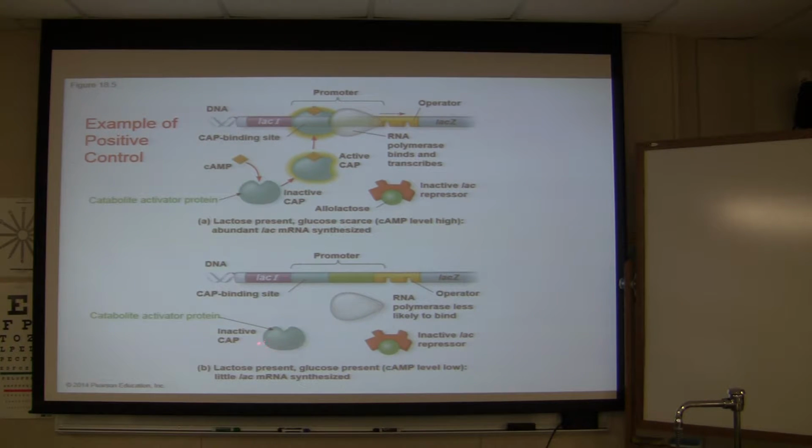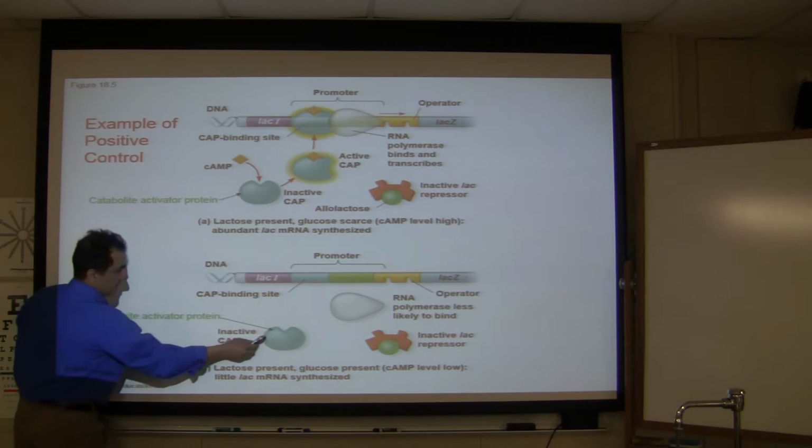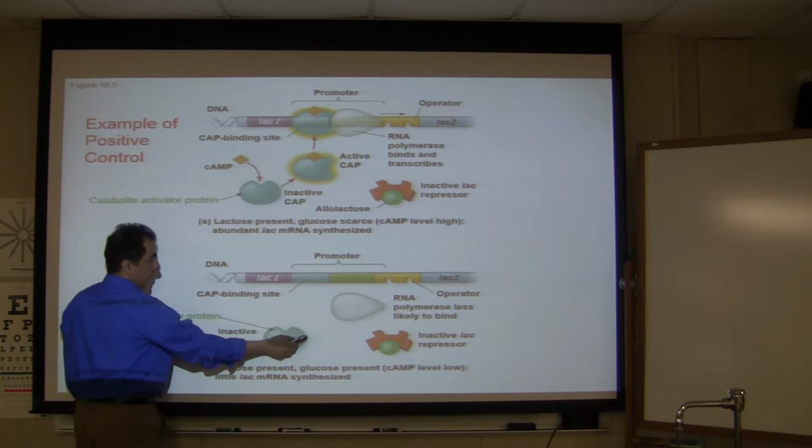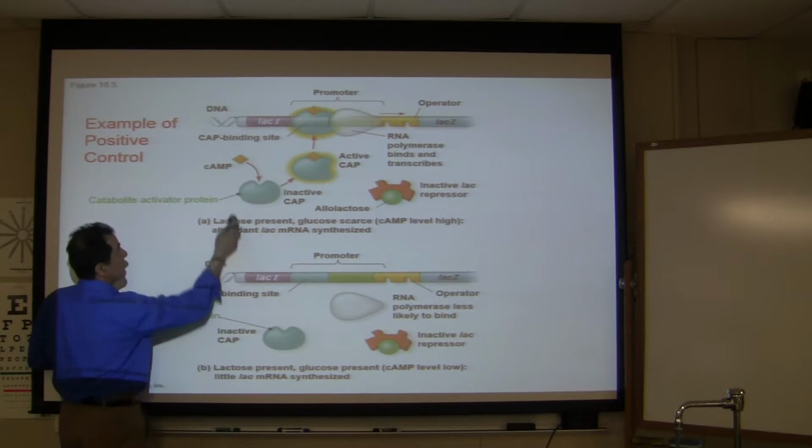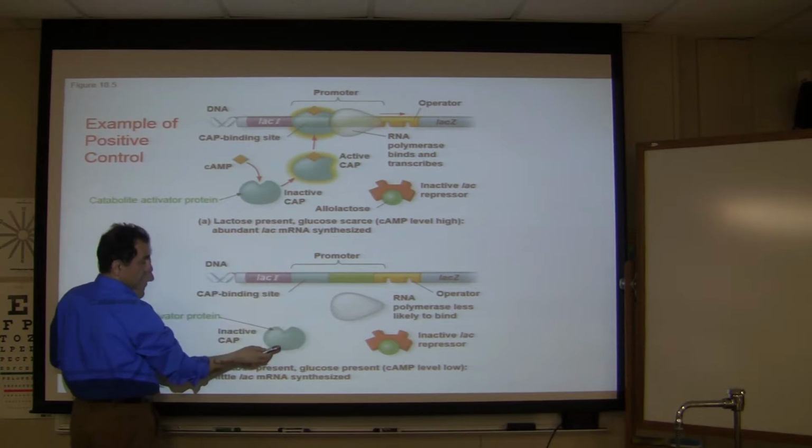If there is ample glucose in the cell, lactose present, glucose present, cyclic AMP level is low, and little lac mRNA is synthesized. So what does that mean? You have the inactive CAP in the cell, and there is nothing to activate it.